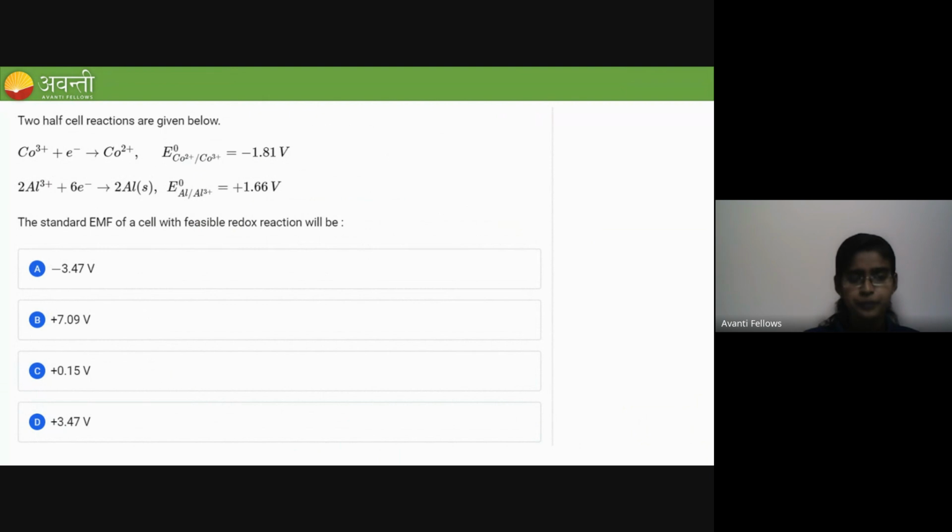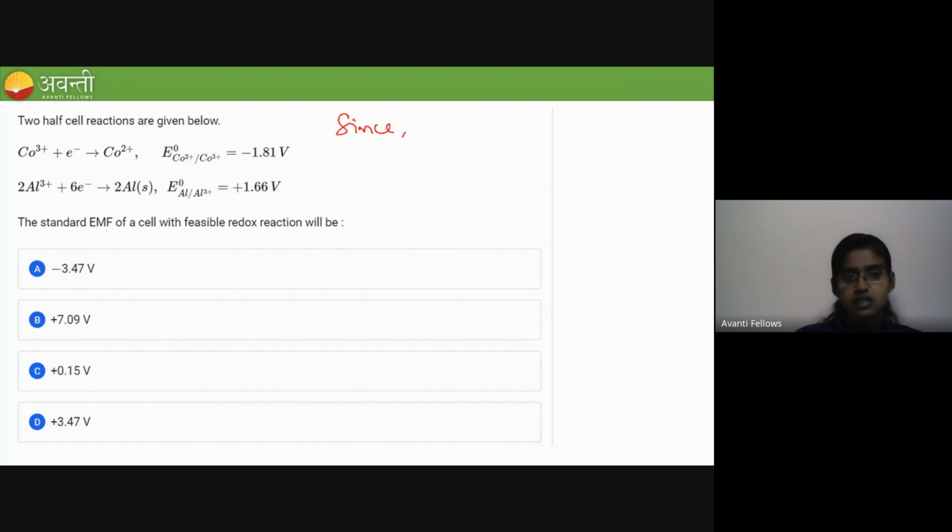Since the oxidation potential of aluminium is more than the oxidation potential of cobalt 2 plus, so at anode, aluminium will oxidize, and at cathode, cobalt 3 plus will reduce. That is the meaning, right?